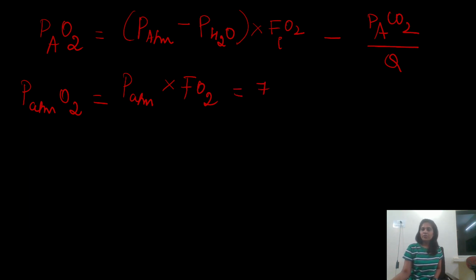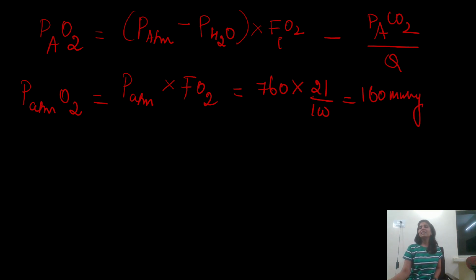If you calculate it, it is 760 into 21 by 100, which is 160 millimeter of mercury. So at sea level in the atmospheric air, you have 160 millimeter of mercury partial pressure of oxygen. And when the air gets into alveoli, it is not 160.